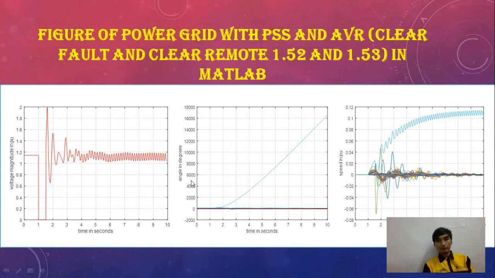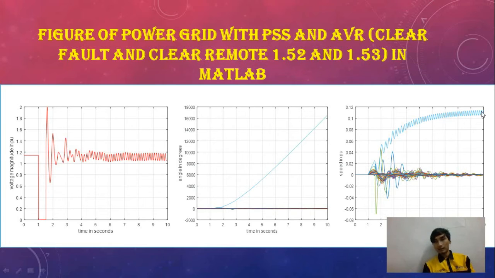Figure 2 shows the angles in degrees versus time in seconds. Then after 1.5 the angles increase to about 17,000 degrees at 10 seconds. Figure 3 shows the speed in PU of the generator versus time in seconds.